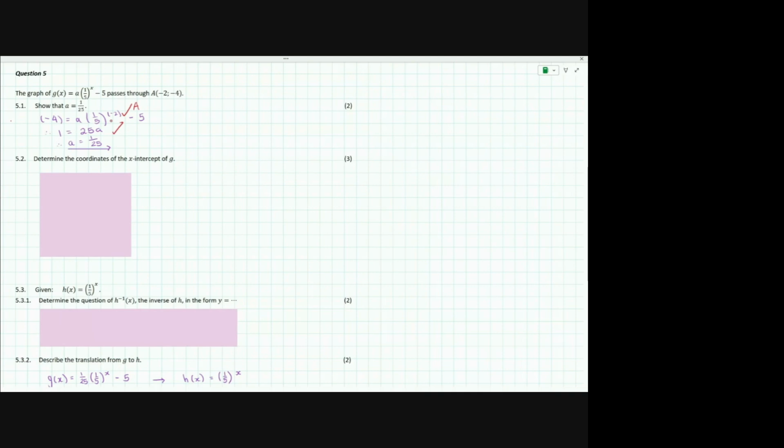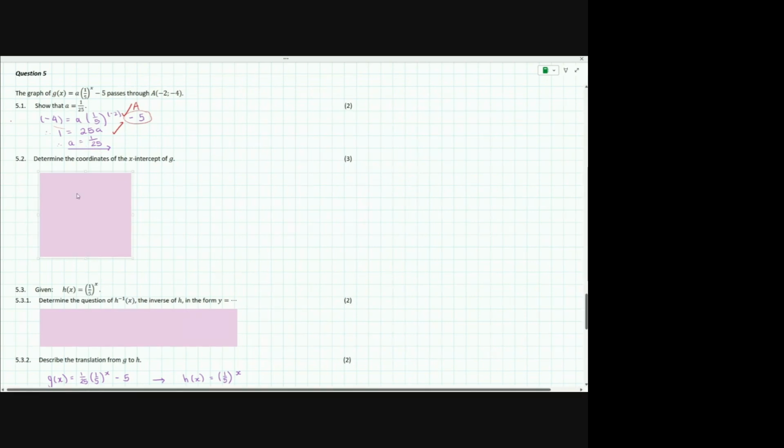Now, the reason that I've gone from my substitution to here, I would add 5 on both sides, and -4 plus 5 is 1. 1 over 5 to the -2, that is then positive 25. So that negative would flip the fraction to positive 25. Isolate A by dividing both sides by 25.